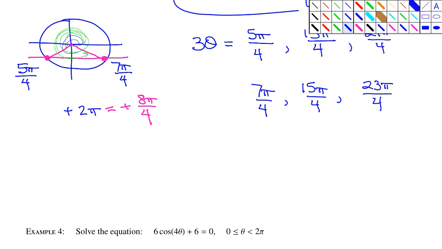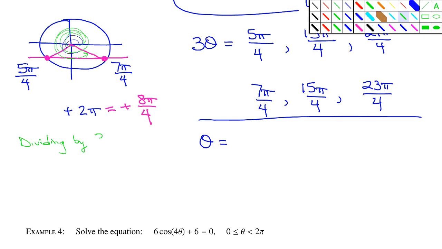Those are the answers for solving for 3 theta is equal to these numbers. So now what we've got to do is solve for theta by dividing each of these by 3. So a reminder that dividing by 3 is the same as multiplying by 1/3. And essentially multiplying by 1/3 means multiplying the denominator by 3.